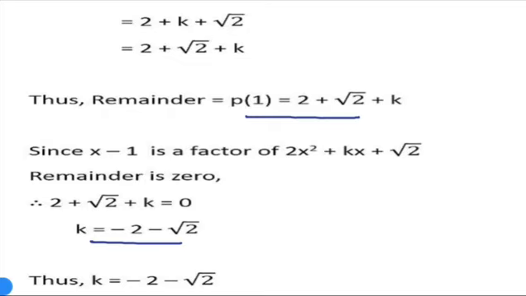So this is the value of k. You can verify your answer by putting the value of k in this equation and checking for the factor of p of x. So this is the solution of sub question 2 in problem 3. I hope everyone understood well.